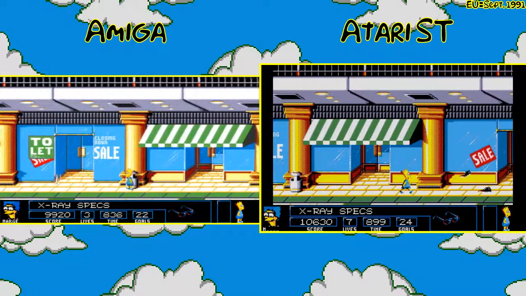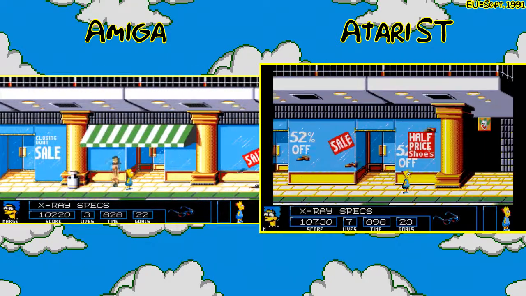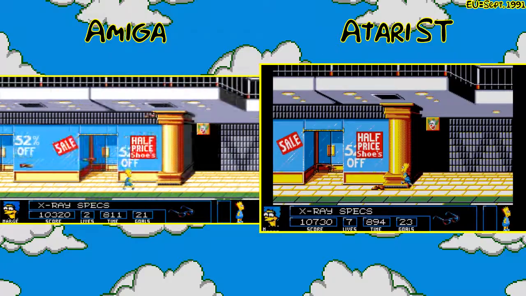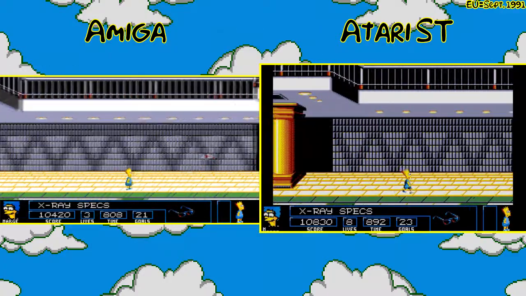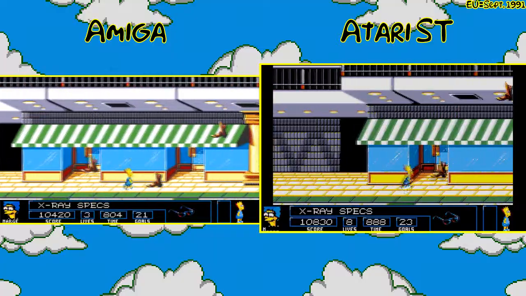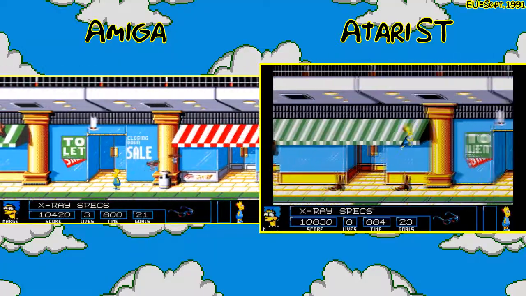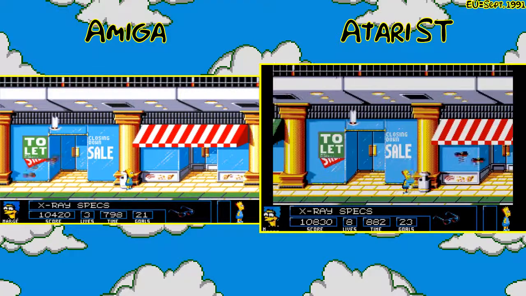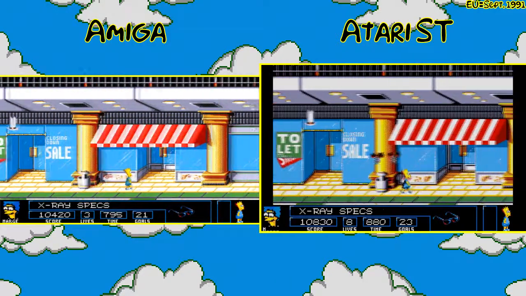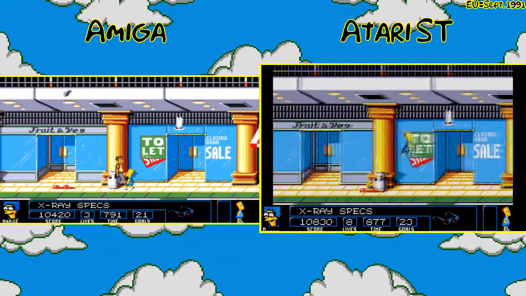I honestly don't know, but the way I was playing the game, that's how it was giving me the window, where one was bigger and one was thicker and longer. But again, if you just pay close attention, you can tell how much slower the Atari is.